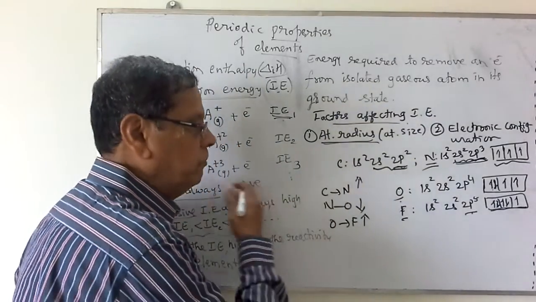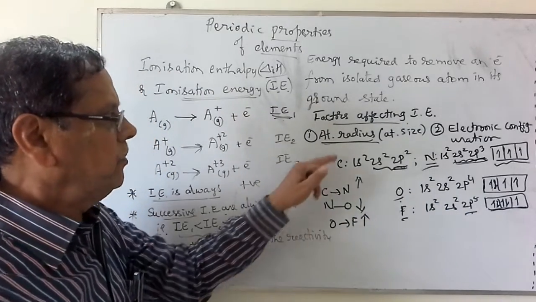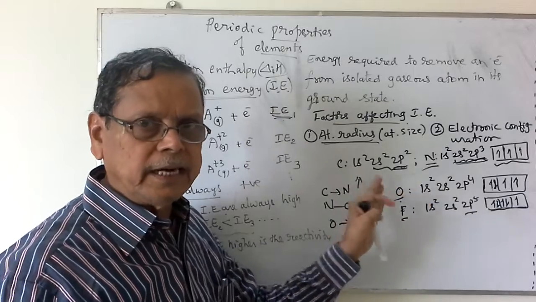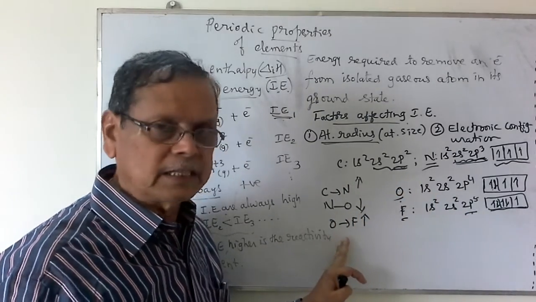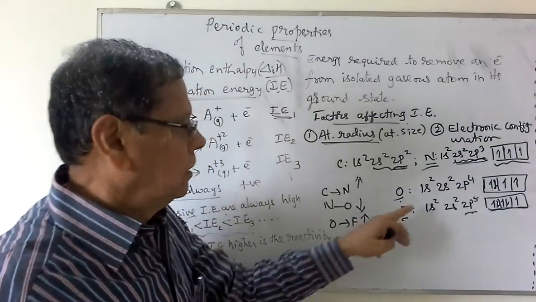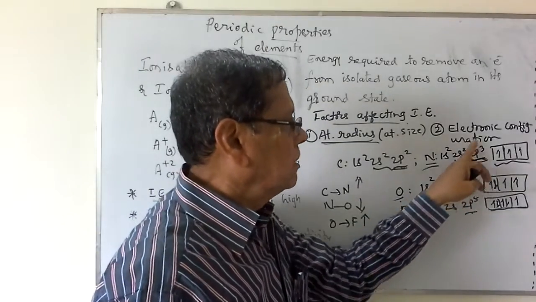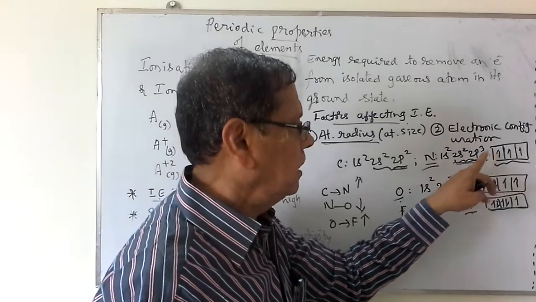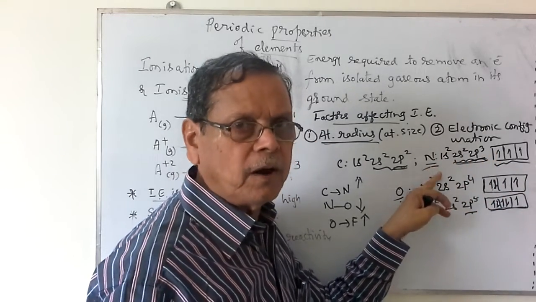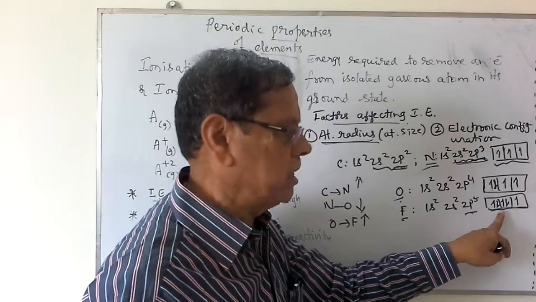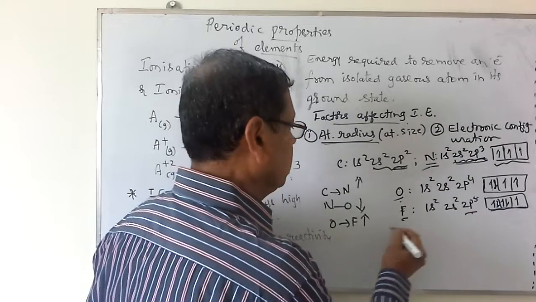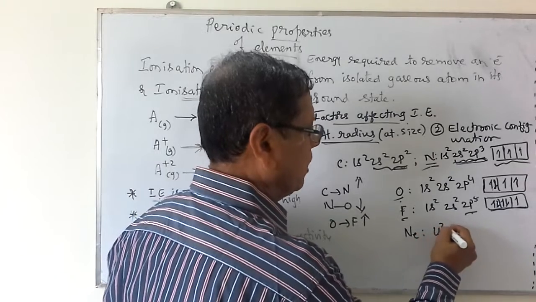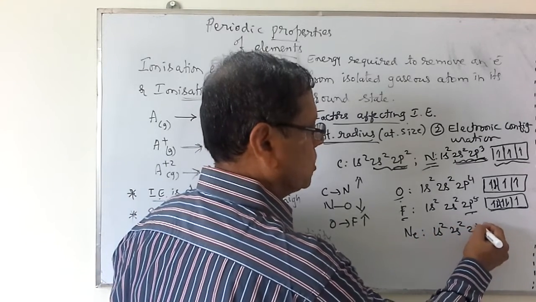That is, when we move across the period, the atomic radius gradually decreases, and as the radius decreases, ionization energy increases. As the second factor, electronic configuration explains higher ionization energy for an element having a stable configuration. So from fluorine to neon, it has a completely filled configuration, 2s2, 2p6.